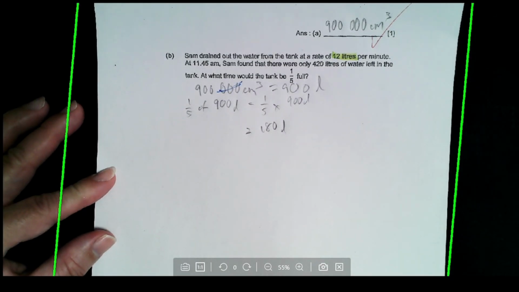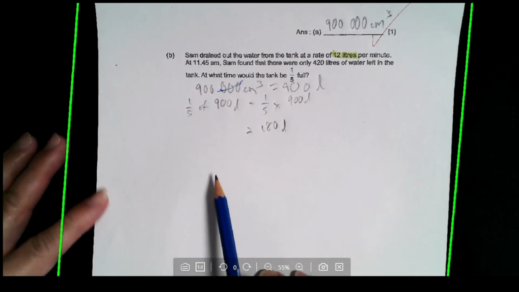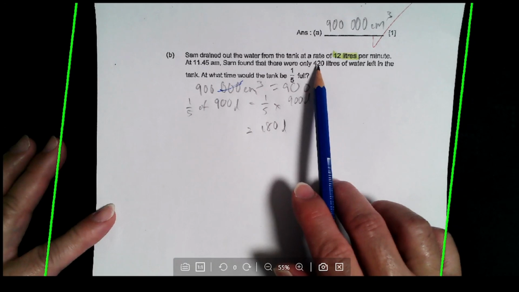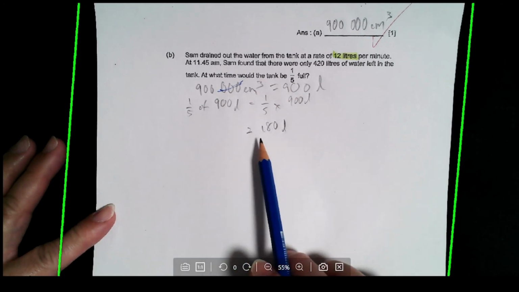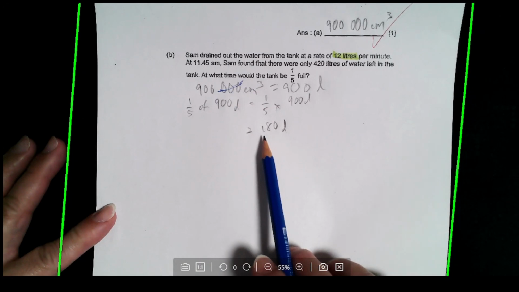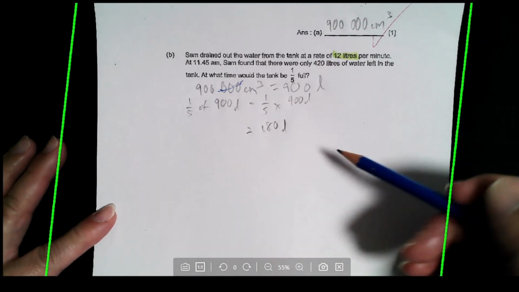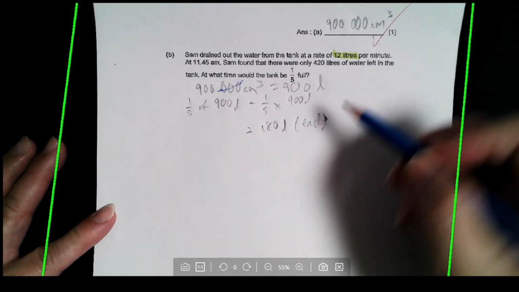Okay, so far? So, at 11:45, he found out that there's 420 liters. At what time would it be only 180 liters left? So how much must flow out? This is the end.